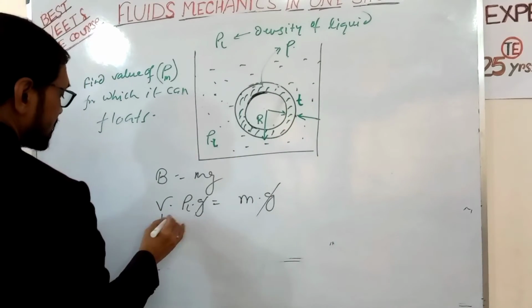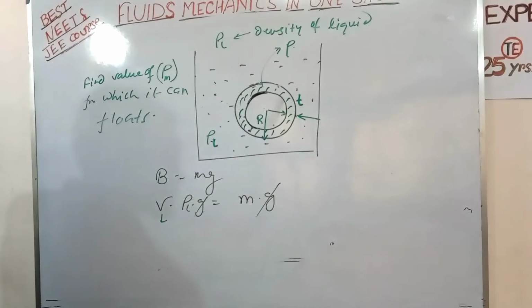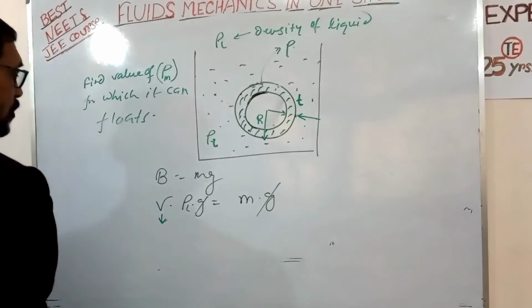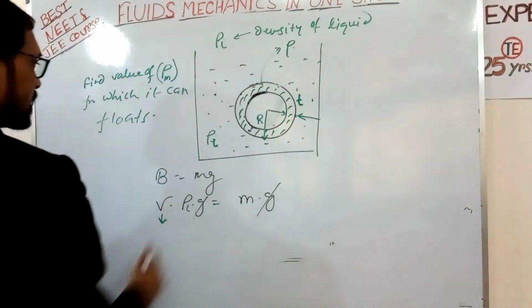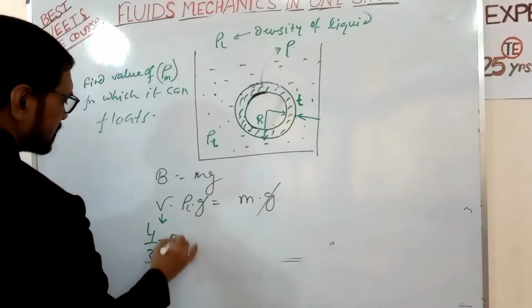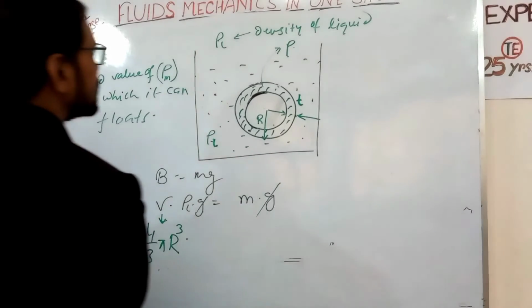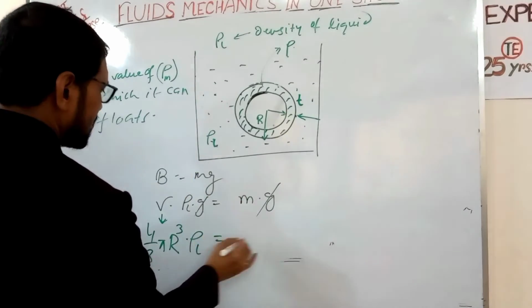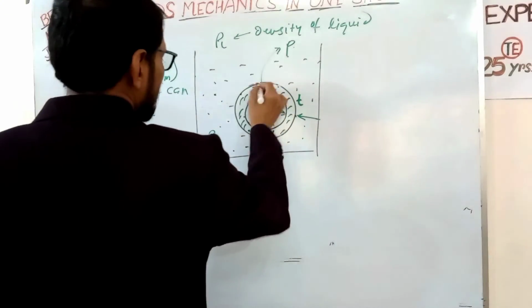Now what is the volume? The volume of the outside, because the shell displaces liquid equal to its outside volume. So the volume is 4/3 pi r cube, into density of the liquid rho L, into g. Now what is the mass of this material?